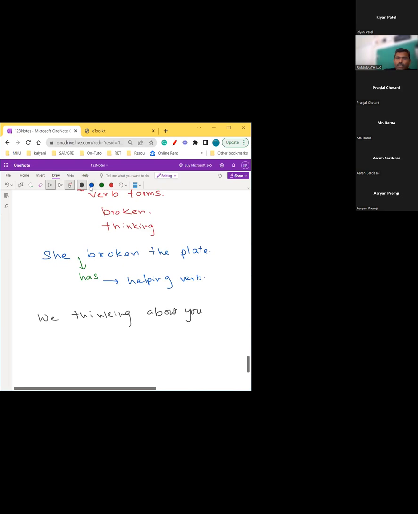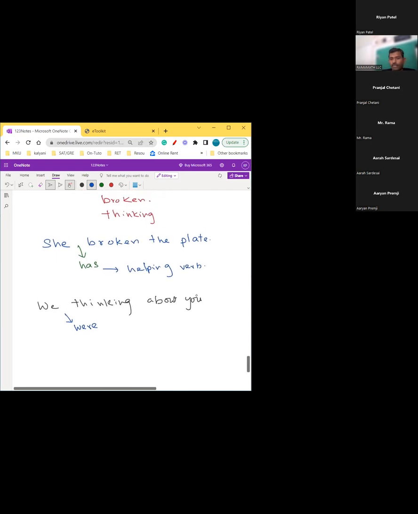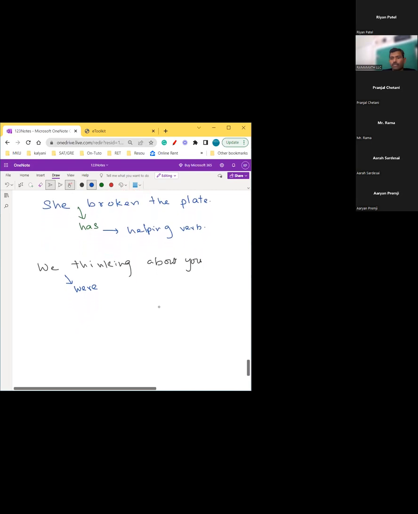We need a helping word, so we can say "We were thinking about you." That makes more sense. In these cases, "broken" and "thinking" are the participles, which is the really important piece here.